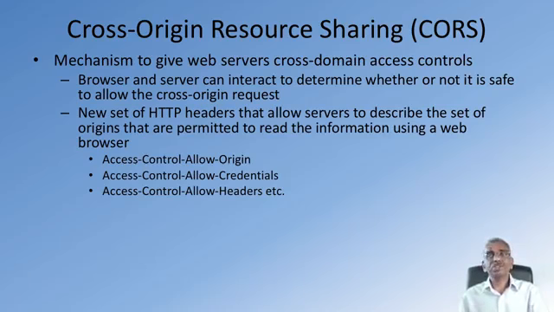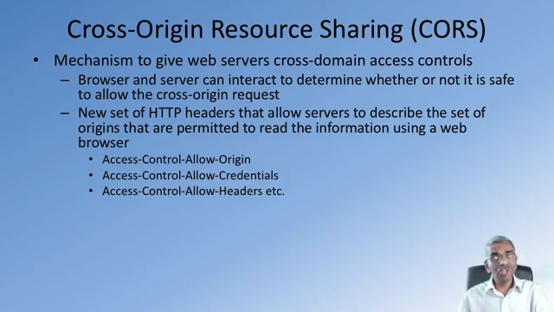So in this case, we have headers like, for example, Access-Control-Allow-Origin, Access-Control-Allow-Credentials, Access-Control-Allow-Headers, Access-Control-Allow-Methods, and a few others that the server uses to inform the browser, saying that this is an acceptable way of accessing the resource from the browser side.